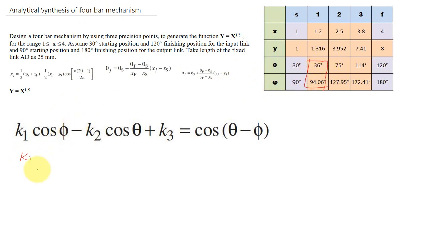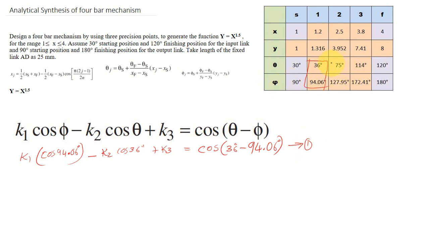So k1 cos 94.06 degrees minus k2 cos 36 degrees plus k3 is equal to cos (36 minus 94.06) degrees. So this is your first equation.